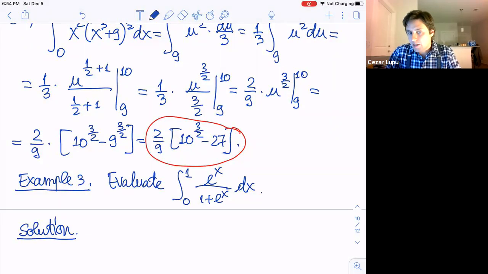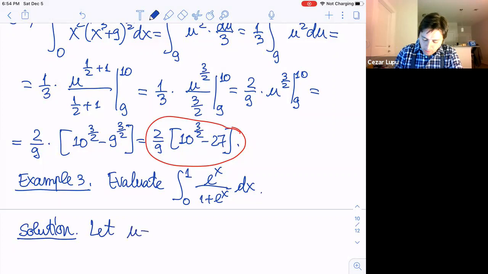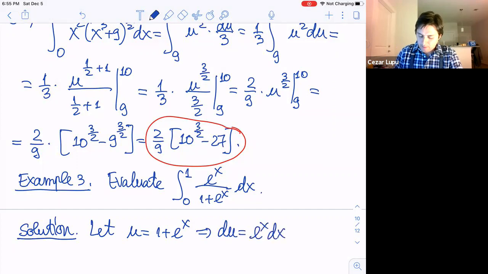You either take e to the x equals u, or you substitute 1 plus e to the x equals u. Let's just do the other so that we can get rid of the constant 1 as well. So let u equal 1 plus e to the x. And from here, it will imply that du is e to the x dx, right?